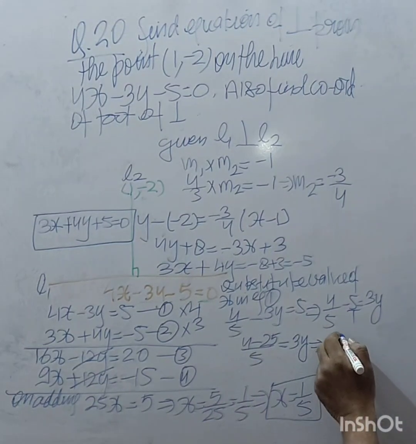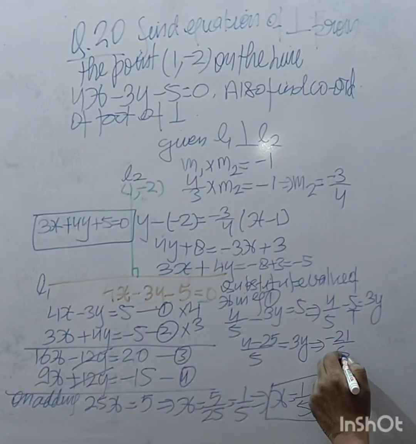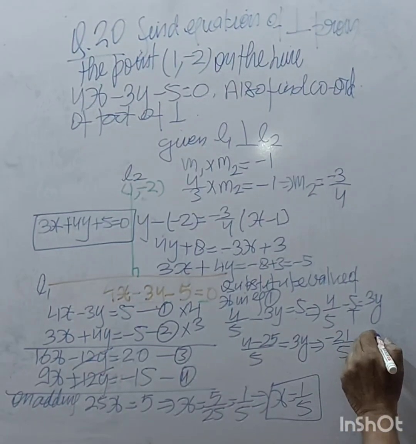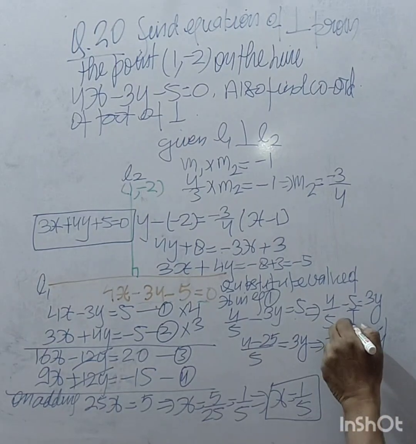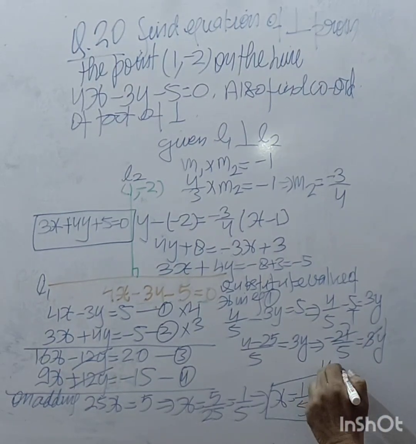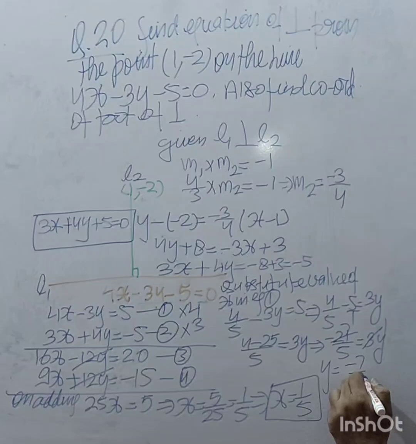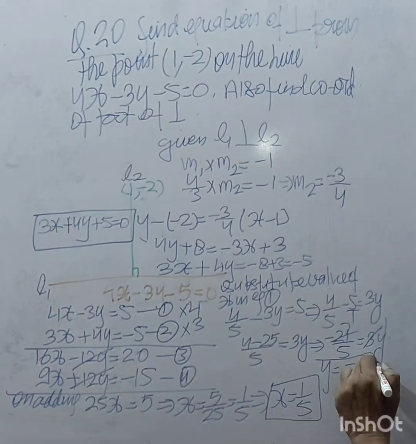So we get minus 21 upon 5 is equal to 3y. So this is 1 time, this is 7 times. So y is equal to minus 7 by 5. You get it?